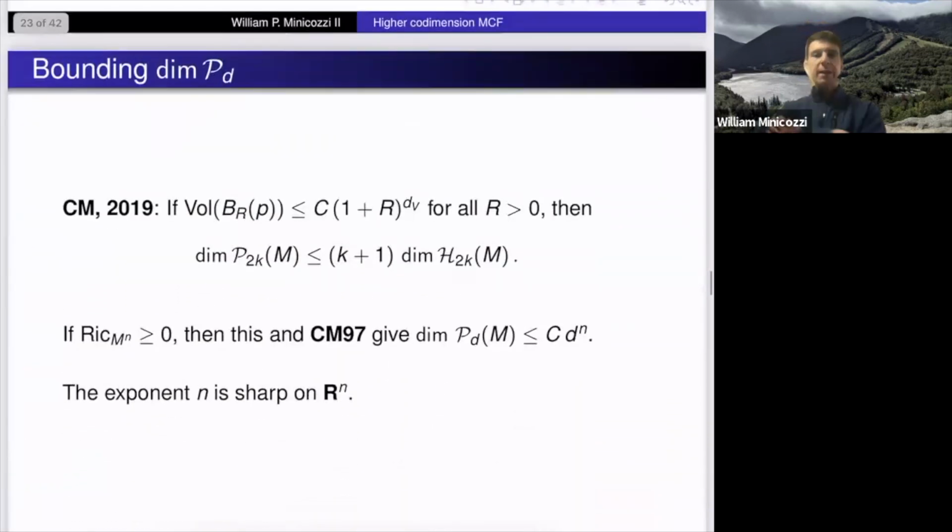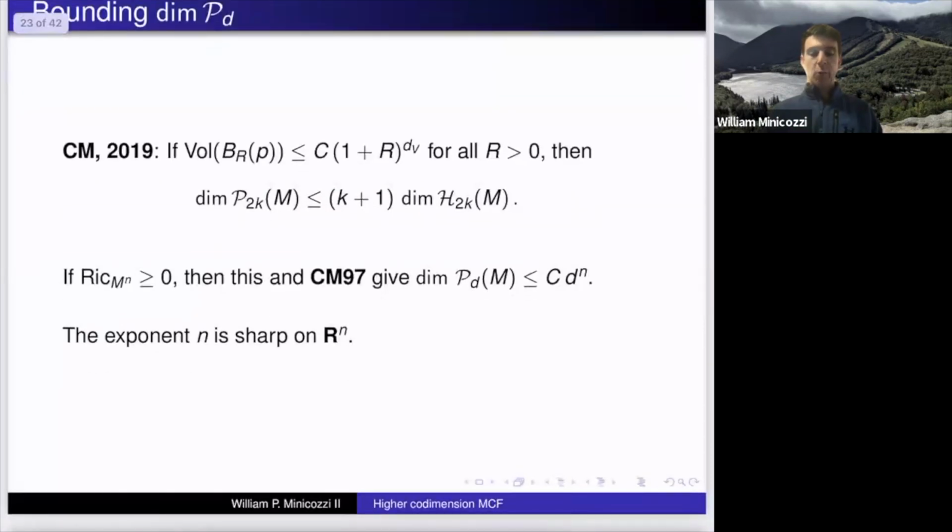The first thing we did is we showed that these spaces were finite dimensional. In fact, we did this first on manifolds where the Laplacian didn't change, so time-independent metrics. In this case, we showed that the dimension of P was bounded just in terms of the dimension of H. And this bound turns out to be sharp, and of the sharp order.